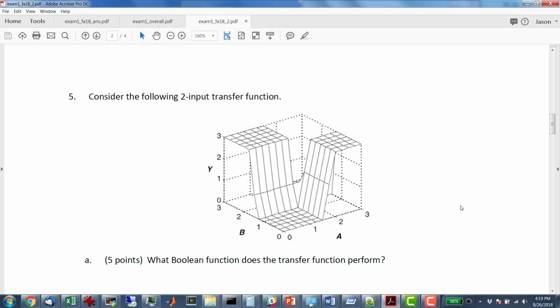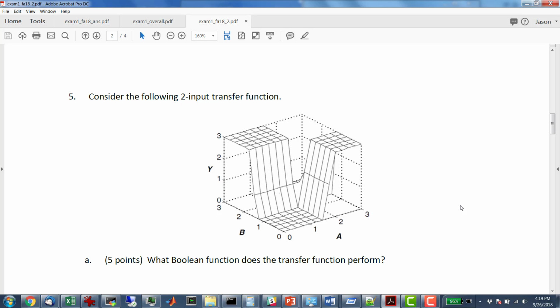But basically, if you look at A and B, if A is high and B is low, you're in this quadrant. So the output is, if A is 1 and B is 0, you're in this quadrant, meaning that the output is high.